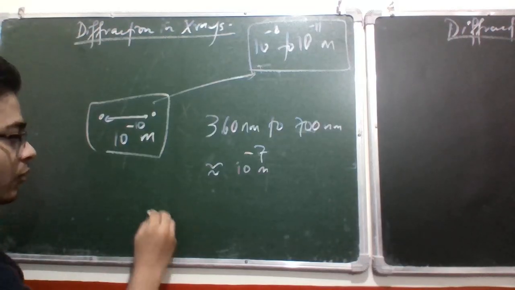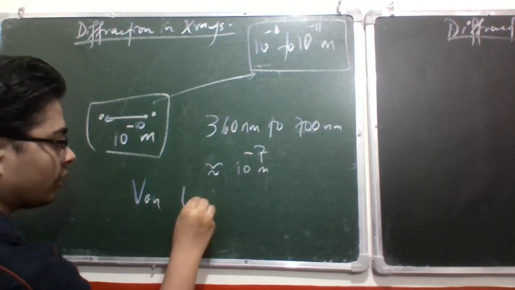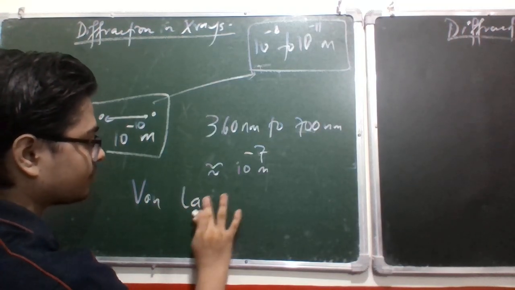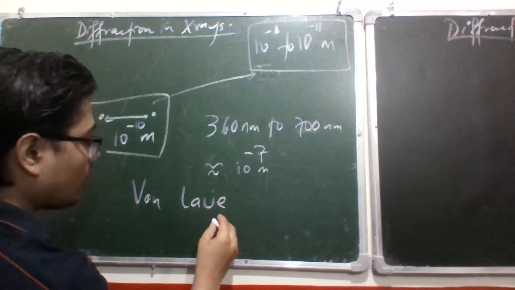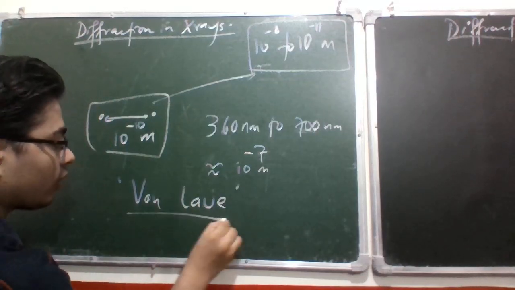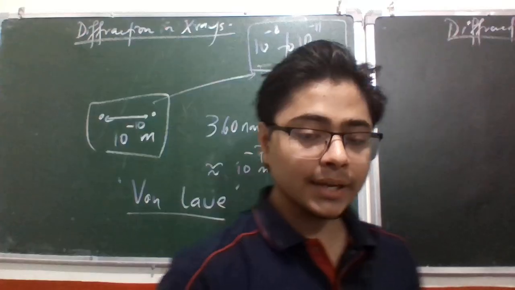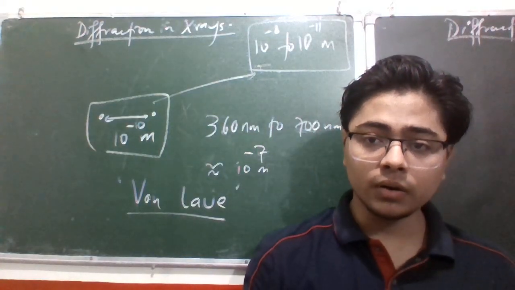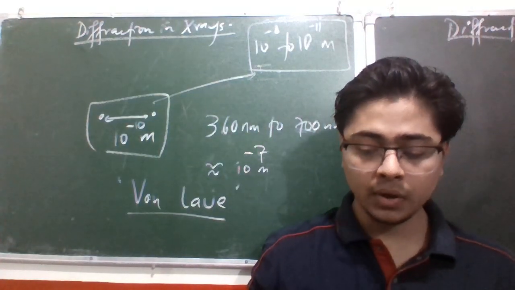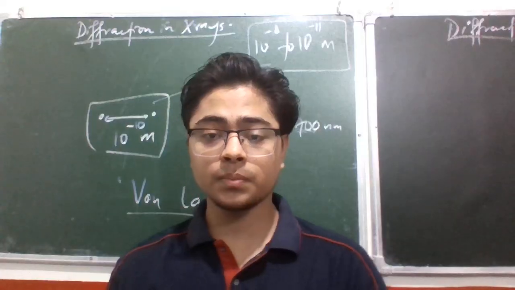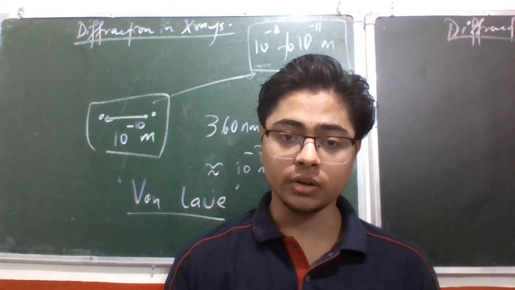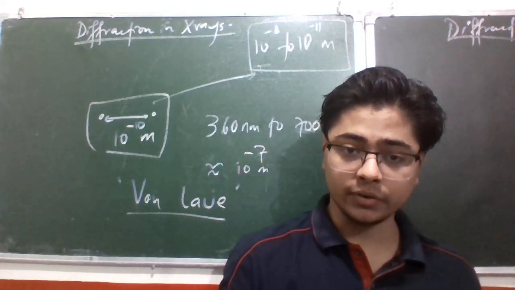It was von Laue first who introduced this concept that we can use crystals for diffracting X-rays, and it was experimentally checked whether it is correct or not, and it was found that it is correct.